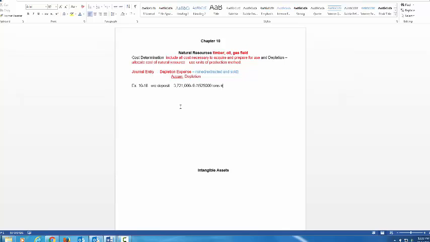And so that comes up with a depletion rate of 2.44. In the first year, they indicate that they mined 166,200 tons of ore. We multiply that times our 2.44, and we get a depletion of 405,528.